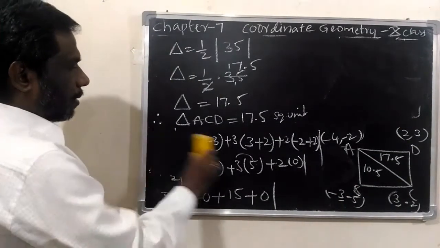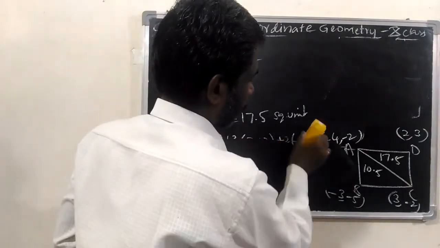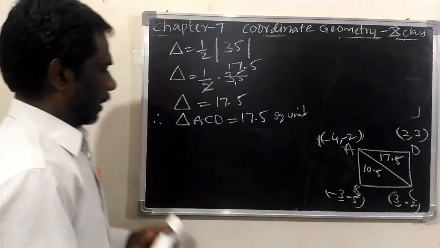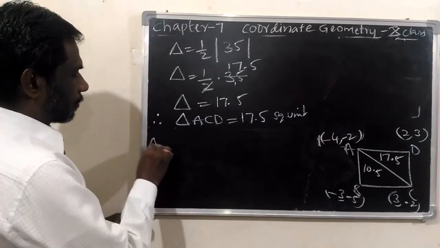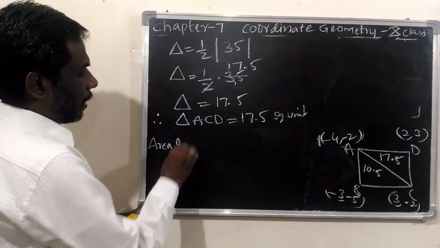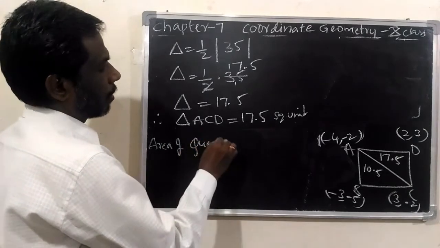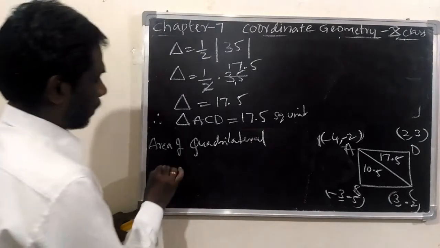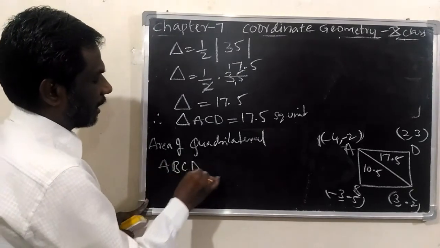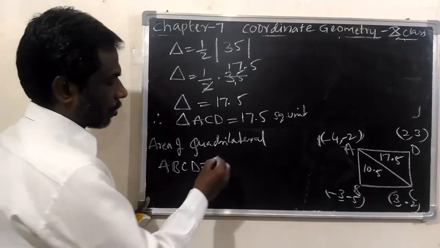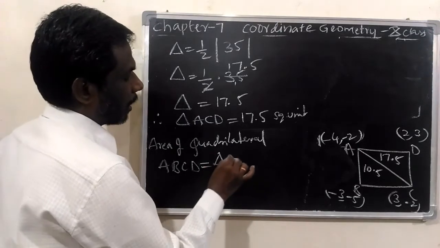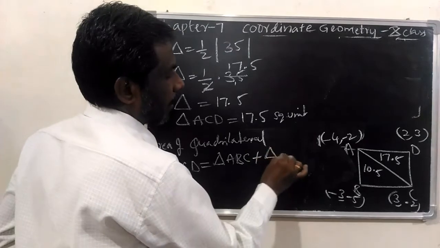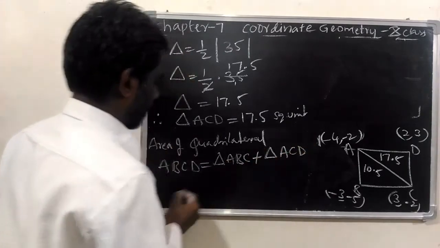So finally we can conclude the area of quadrilateral ABCD is equal to area of ABC plus area of ACD.